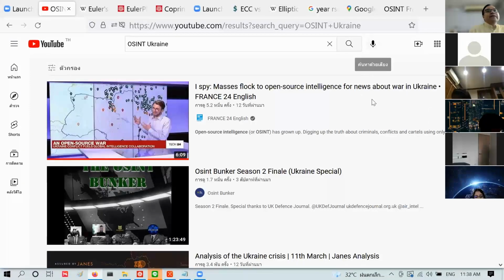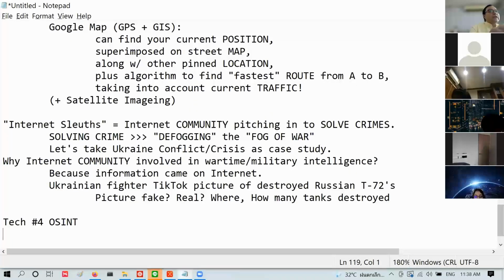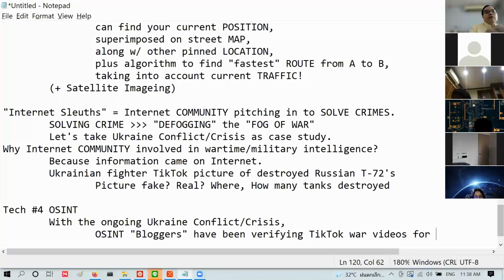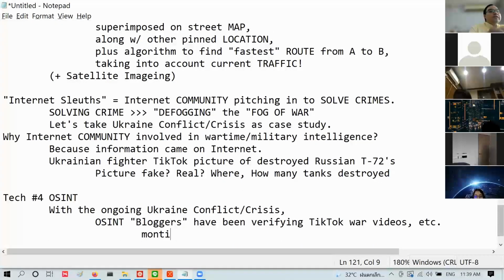Say, okay, with the ongoing Ukraine conflict crisis, OSINT bloggers have been verifying TikTok war video for accuracy or for whatever, etc. They have also been monitoring, say, Black Sea traffic, etc. All kinds of stuff.